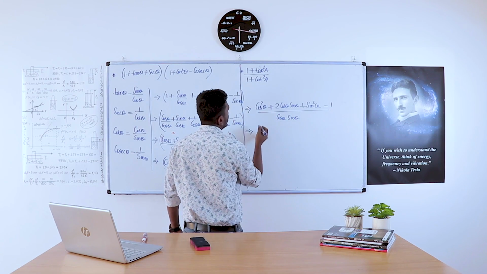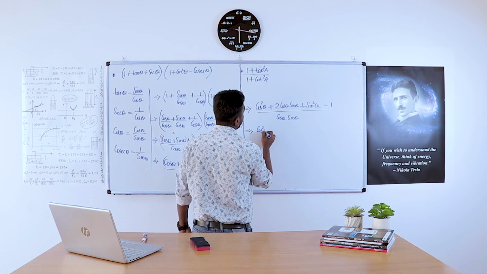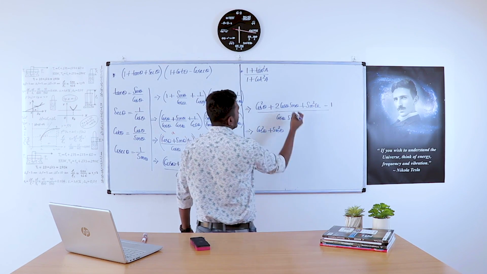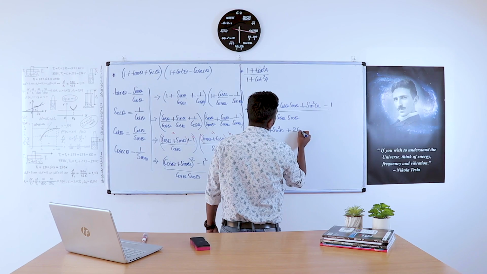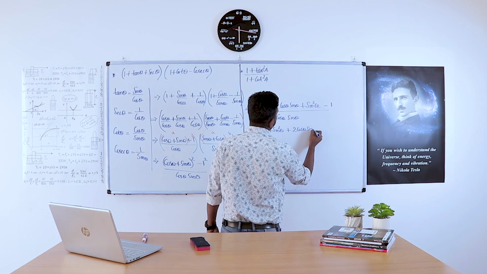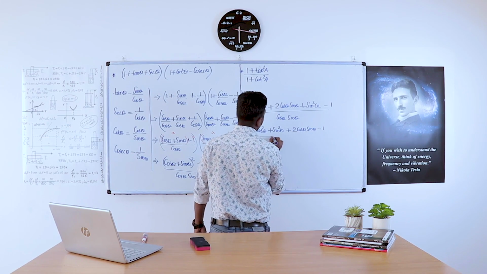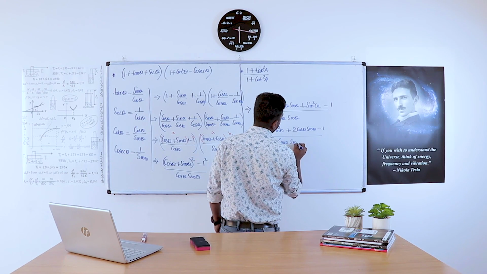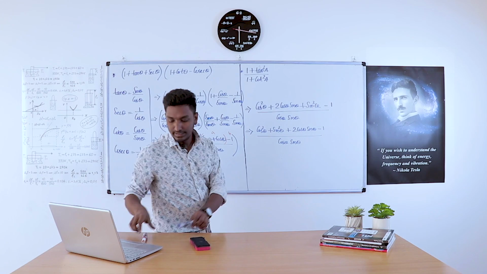That is equal to, now just adjusting it, cos square theta plus sin square theta plus 2 cos theta sin theta minus 1, whole divided by cos theta sin theta.